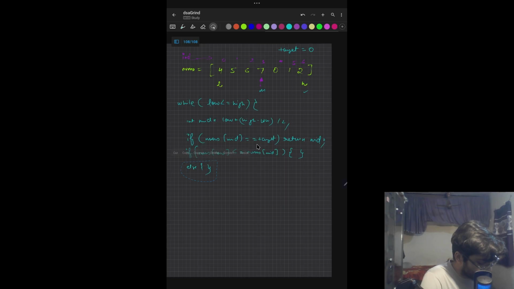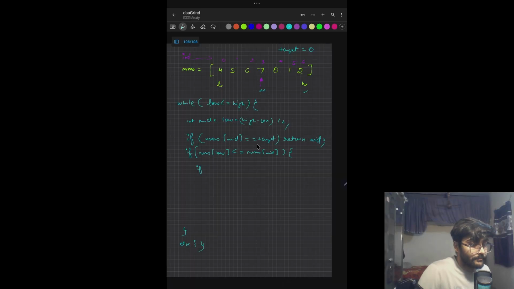So let's make some space. If this happens, then first we checked that low is less than or equal to mid, so the left part is sorted. Because if nums low had been greater than nums mid, the left part would not have been sorted; the right part of that array would have been sorted.